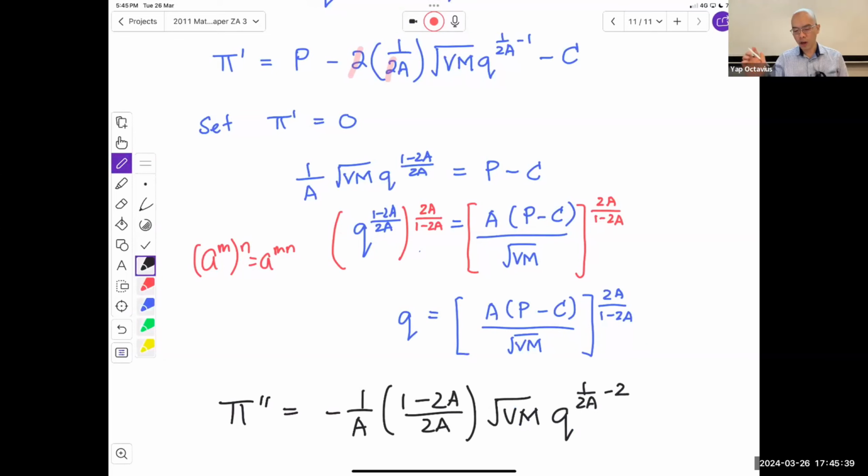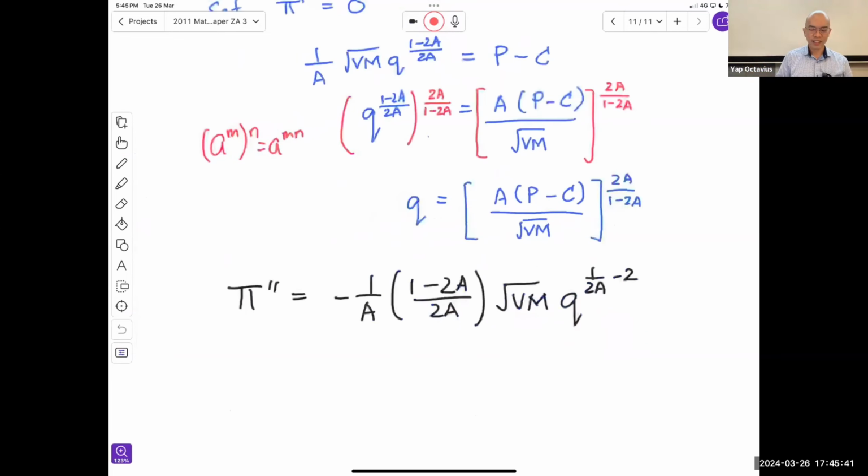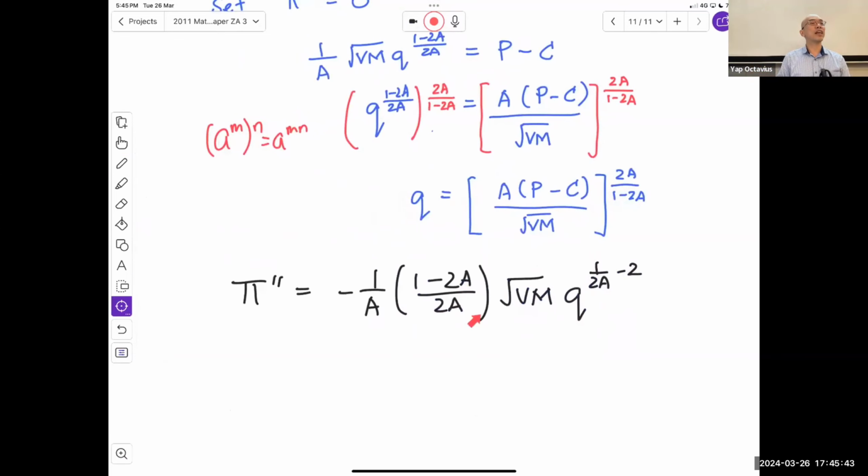The C also gone. Now you convince me that this is negative. You need to convince yourself this is negative. You cannot just say it's negative, you have to show. You cannot bluff one.